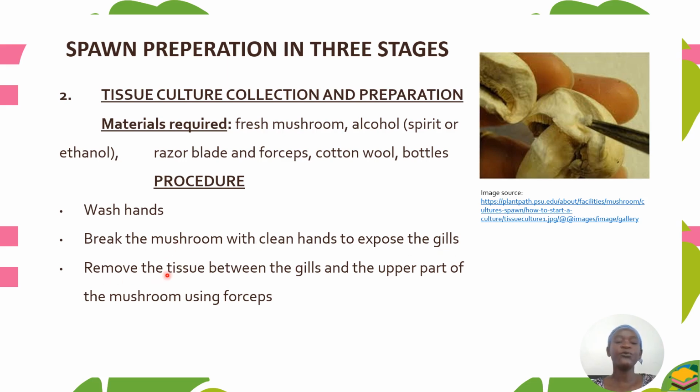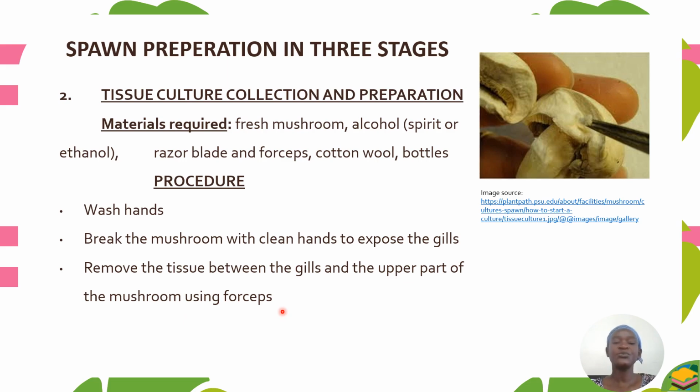Then you remove the tissue between the gills. Remember, when we discussed the function of the gills, they are the ones which produce the spores. That's why we are getting the part of the gills. So you remove the tissue between the gills and the upper part of the mushroom using the forceps.